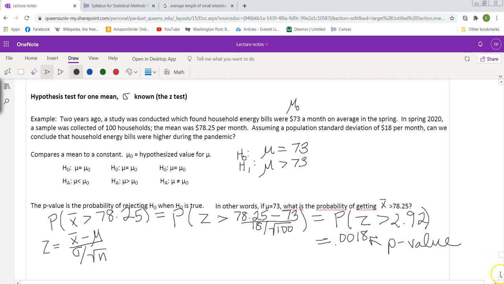So we talk about something else called the test statistic. The test statistic is this calculation for z. So the test statistic is really just a step on the way to calculating the p-value.